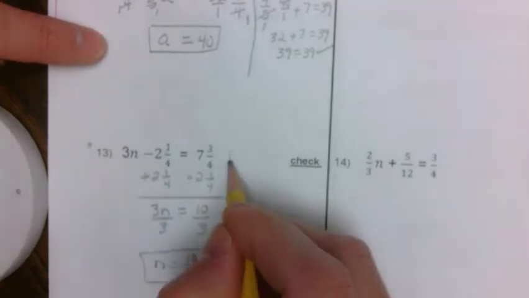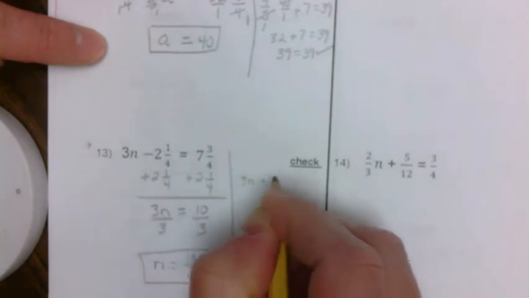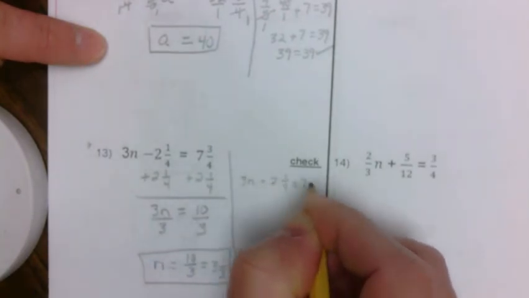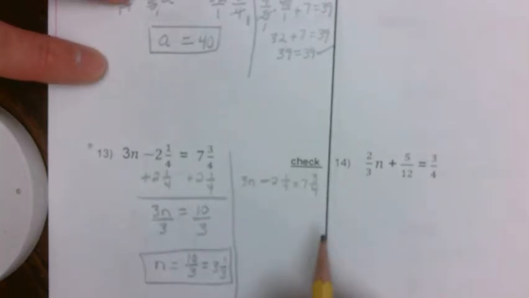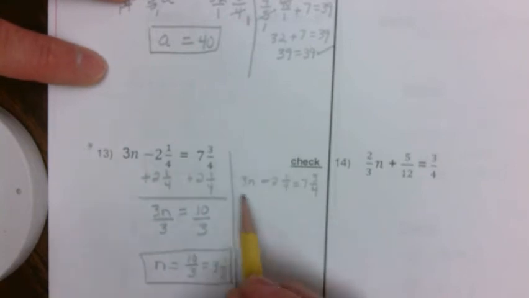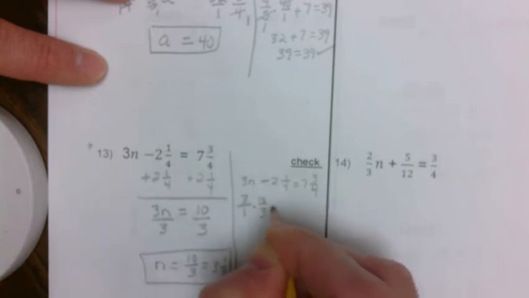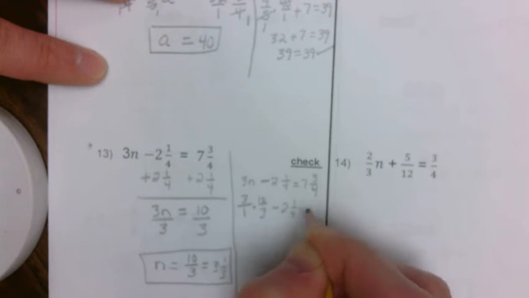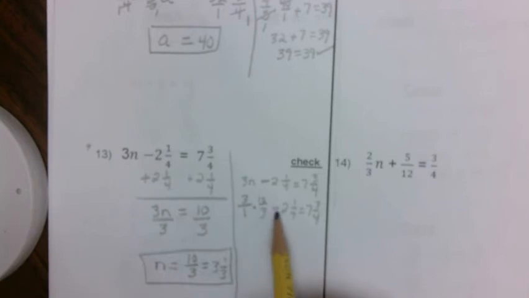Now, let's go ahead and do our check. Okay, I'm going to rewrite the equation. 3n minus 2 1/4 equals 7 3/4. I'm going to replace n with my answer. Now, when I do this multiplication, I'm going to need to use the single fraction version, so I'm going to substitute in 10/3. So I'm going to make 3 a fraction, 3 over 1, times n, which was 10/3, minus 2 1/4 equals 7 3/4. Okay, I multiply before I subtract.